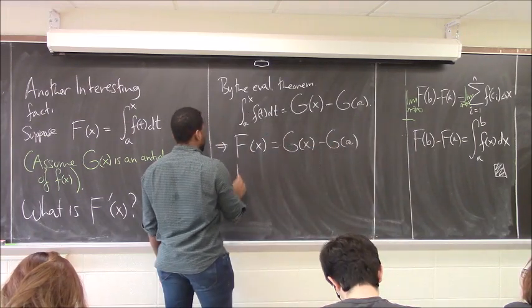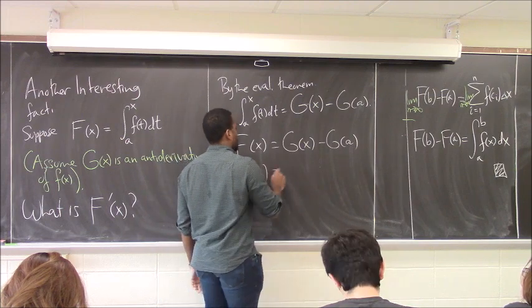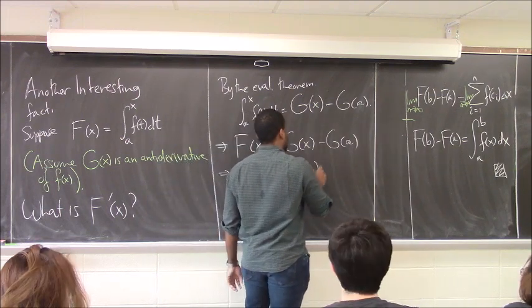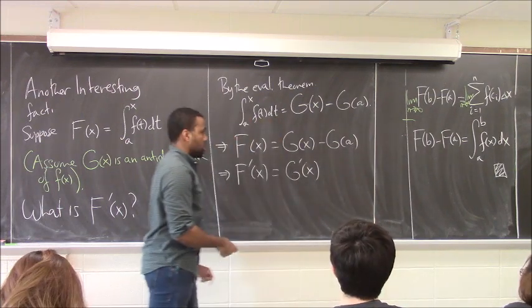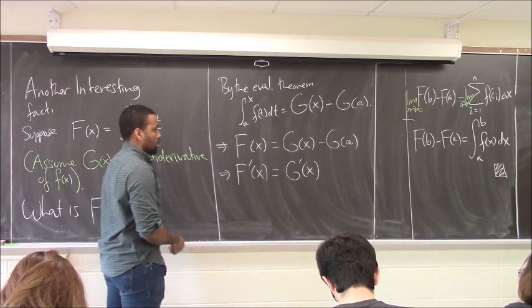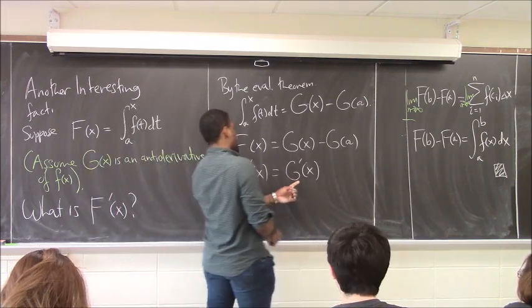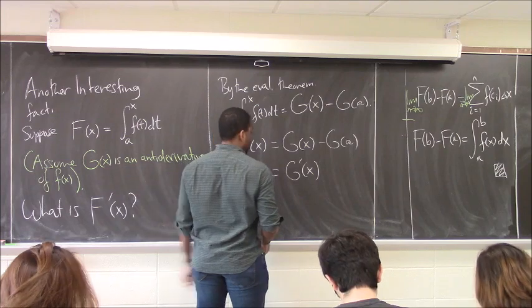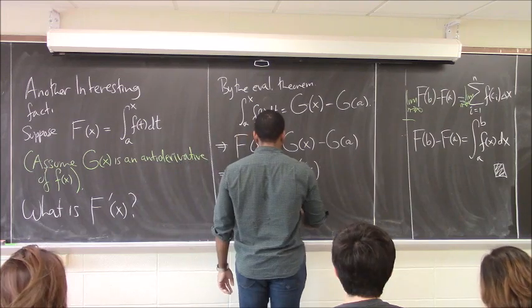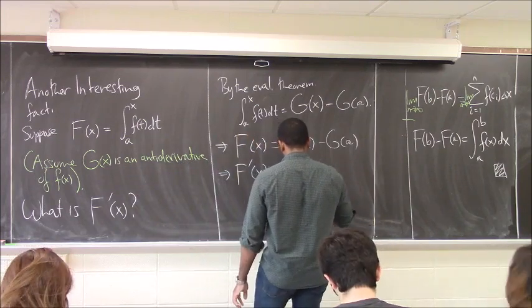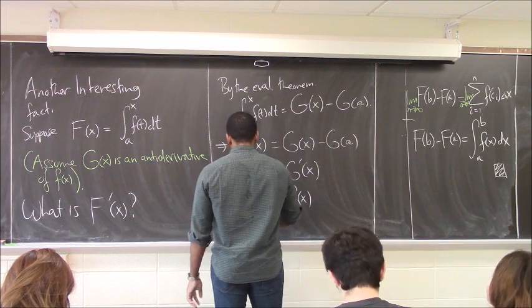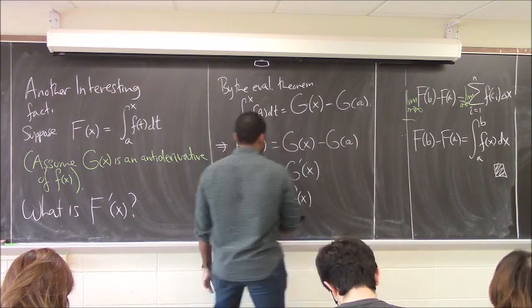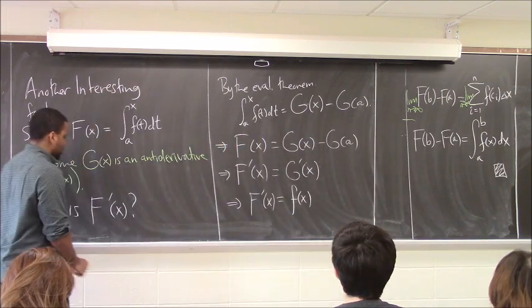This means if I take the derivative of both sides, I would get the derivative of this guy plus 0, because G of a is a constant. But G of x is an antiderivative, which means G prime is actually just a little f. So in other words, the big F prime is just going to be small f.